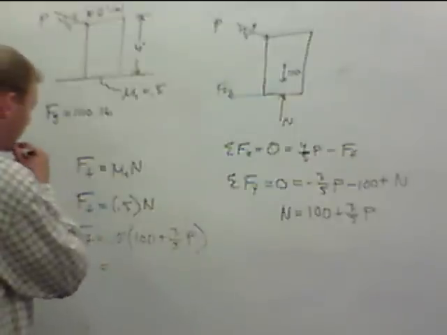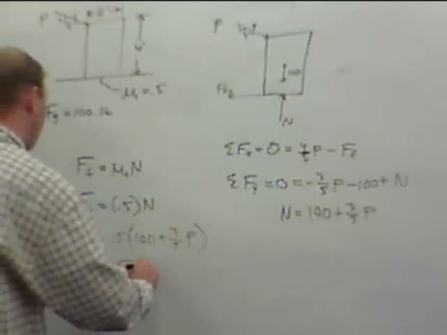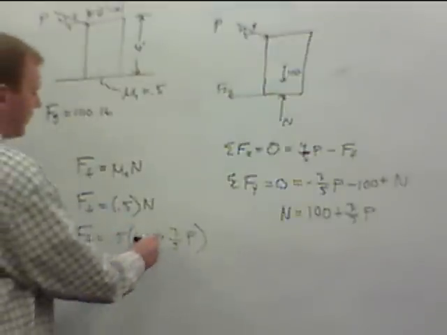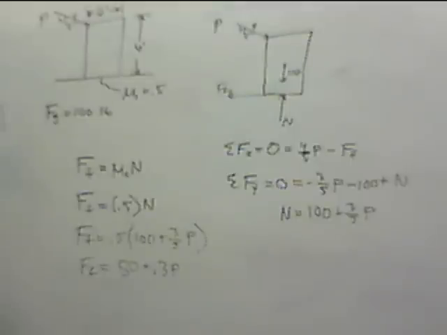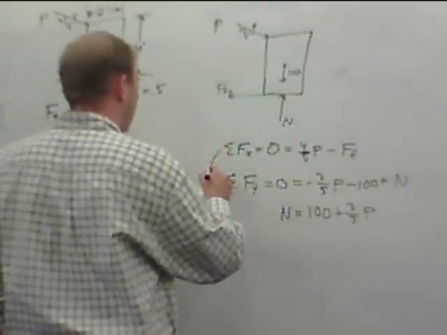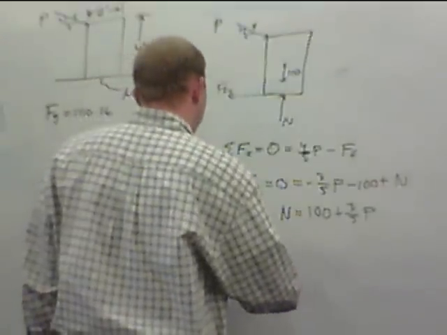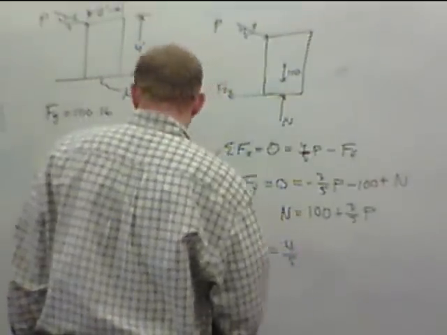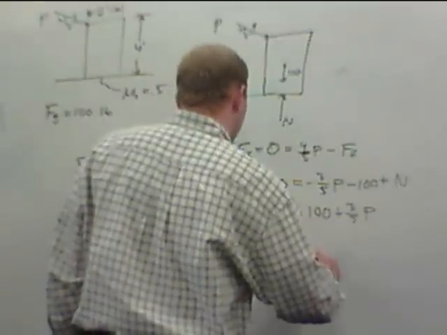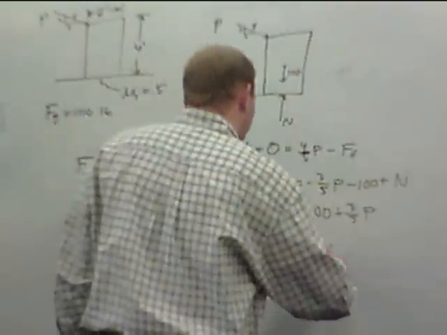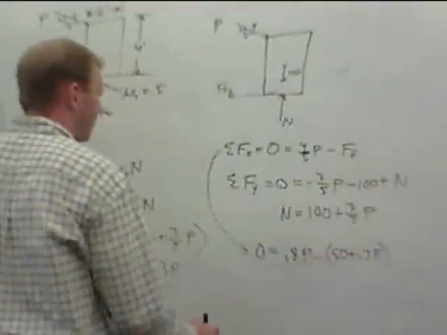That reduces to 0.5 times 100 is 50, plus 3/5 times a half is 3/10, or 0.3 P. So our force of friction is 50 plus 0.3 P. Summation of forces in the x, we have 0 equals 4/5 P. I'm going to turn that into a decimal. So we're going to go 0.8 P minus force of friction, which is 50 plus 0.3 P. Distribute the negative.